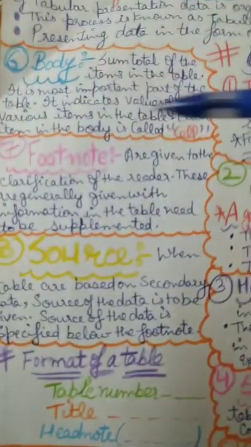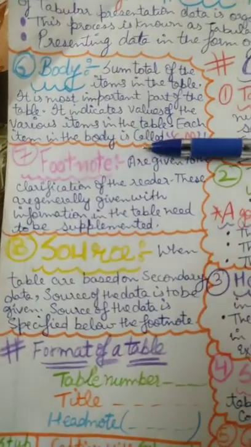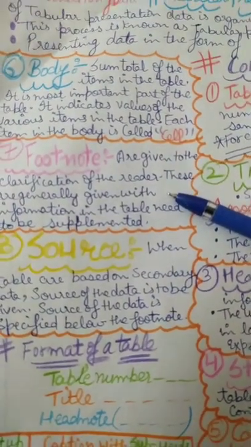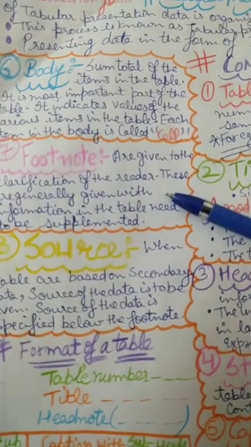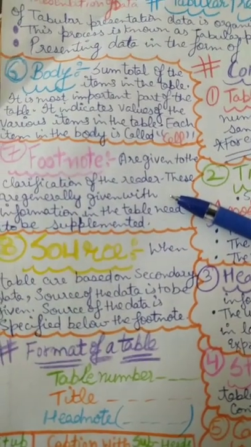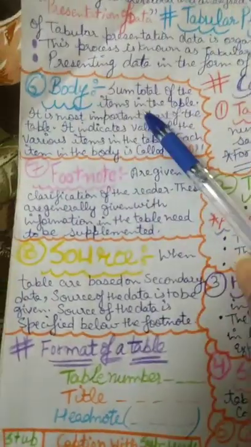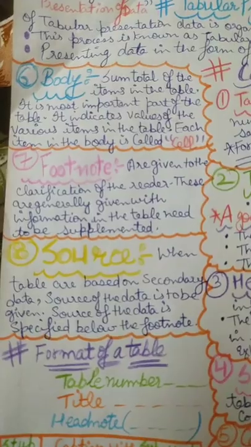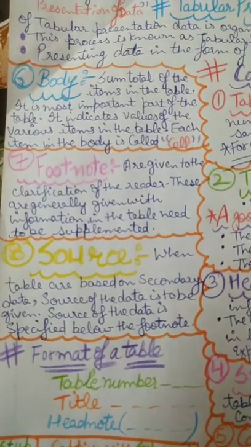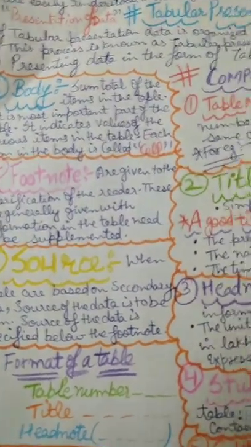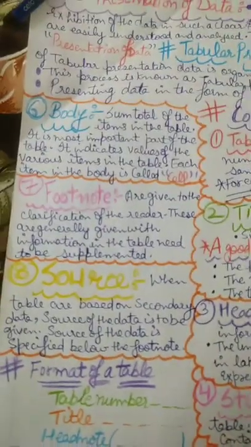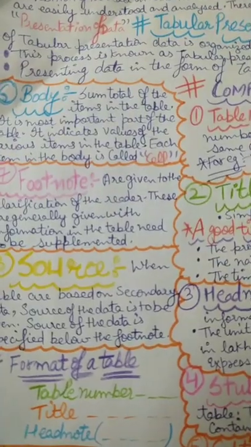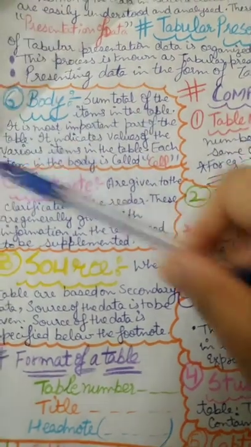Now body. Body means like we have a human body: hands, arms, legs, neck, face, head, these are the body. Body means the values of the various items in the table. For example, your class result represented in tabular form gives you complete information of class 11th commerce students, that is known as body.